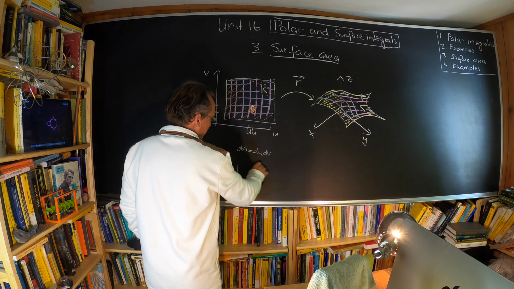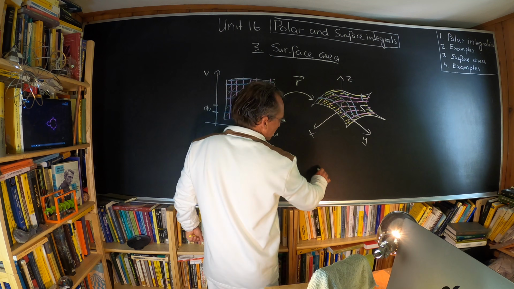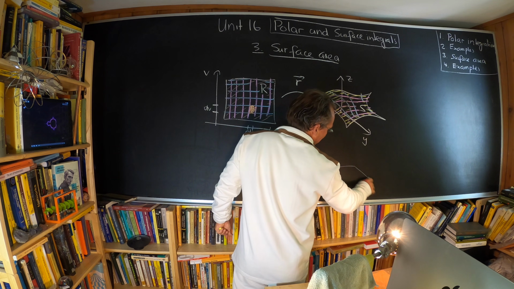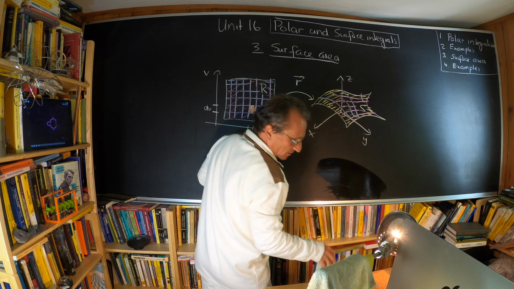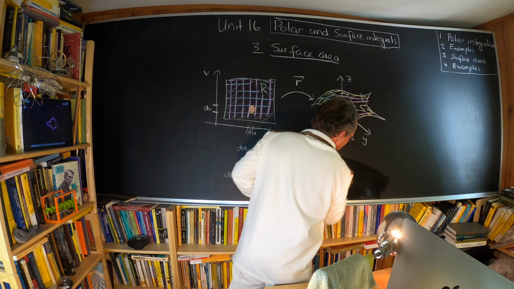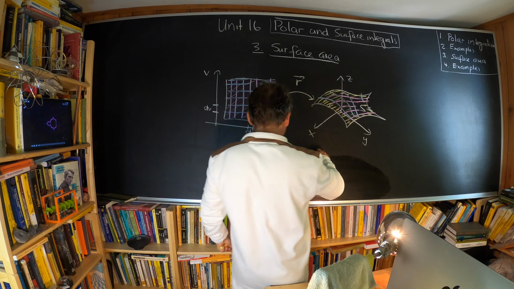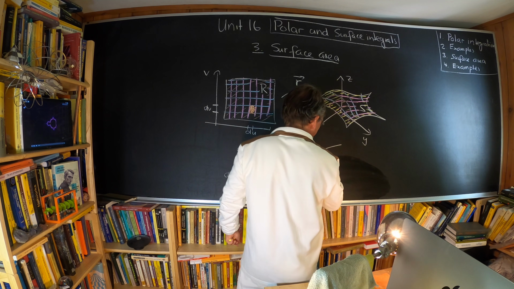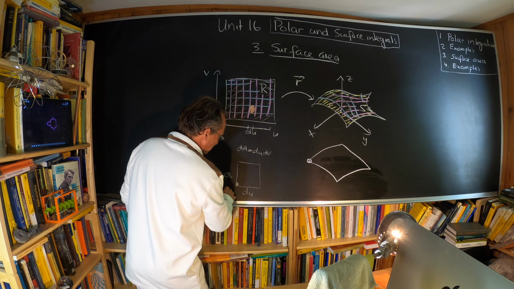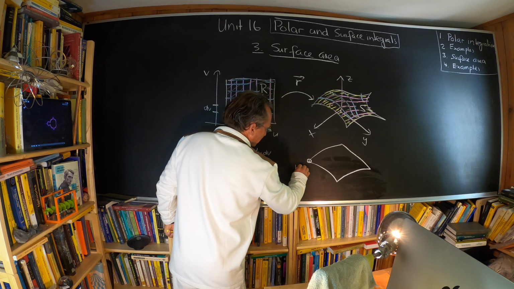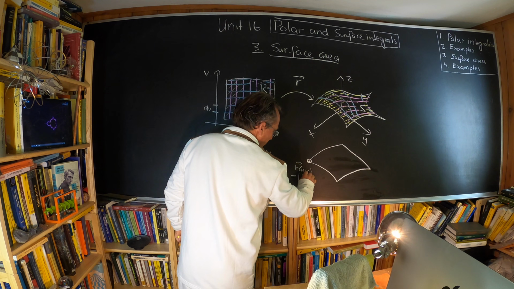This du dv goes over into a small parallelepiped on the surface. Let's just move it a little bit up here. Maybe that's the point u, v. That's the point R of u, v, which is a point in space.